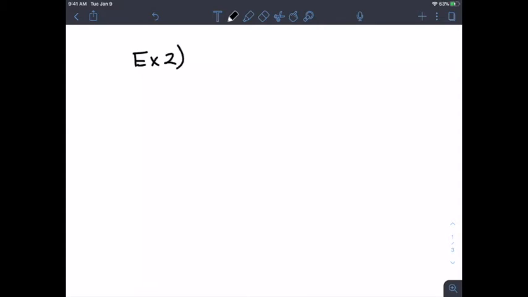Okay, example 2. Example 2 is going to be 5 to the power of x minus 5 is equal to 125 to the power of x plus 7. Okay, so I'm going to break down the 125. So I'm going to say 5 and 25. Break down the 25, 5 and 5.